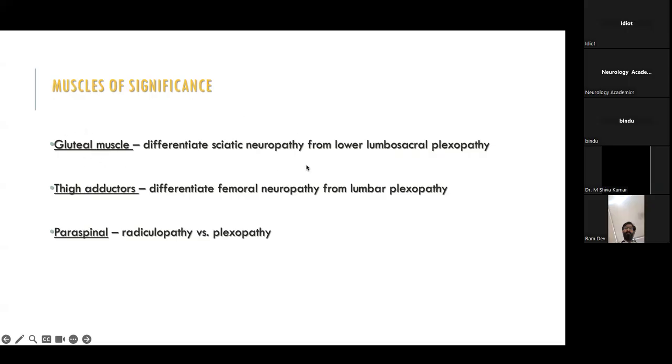So it is spared in sciatic neuropathy and involved in lower lumbosacral plexopathy. So when we have such scenarios, we can do EMG of the gluteal muscle.